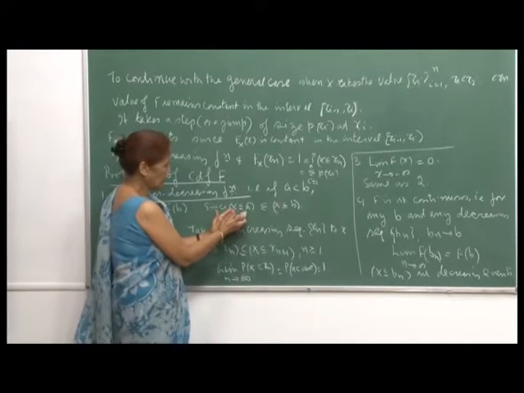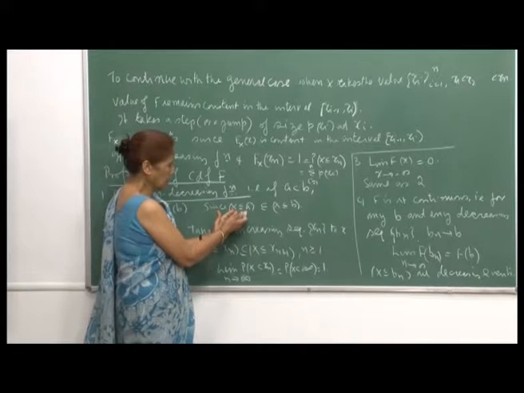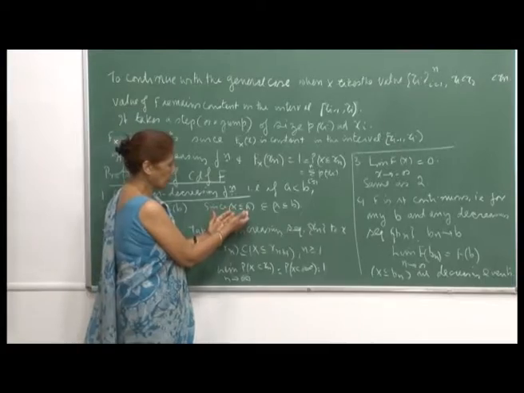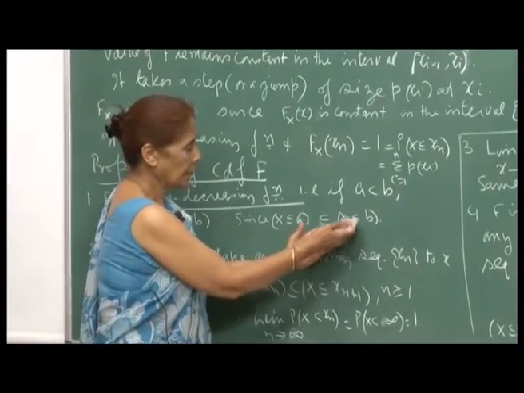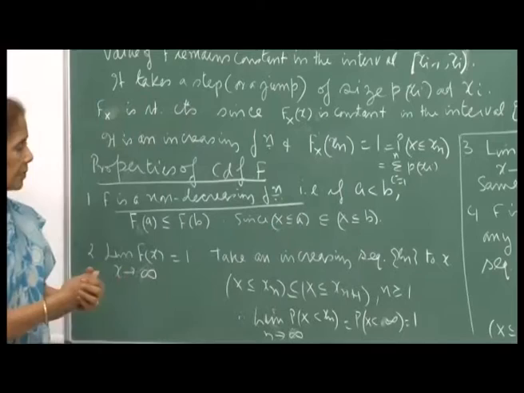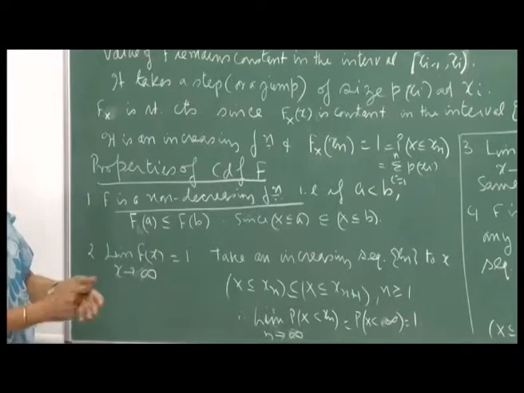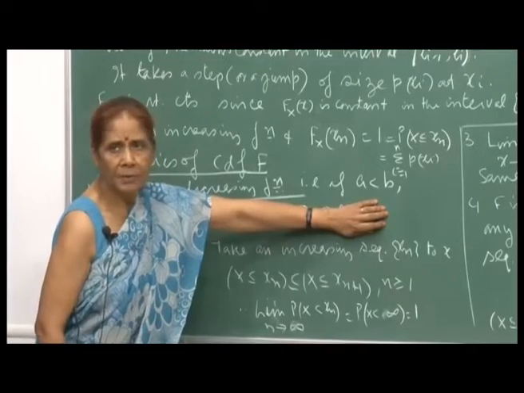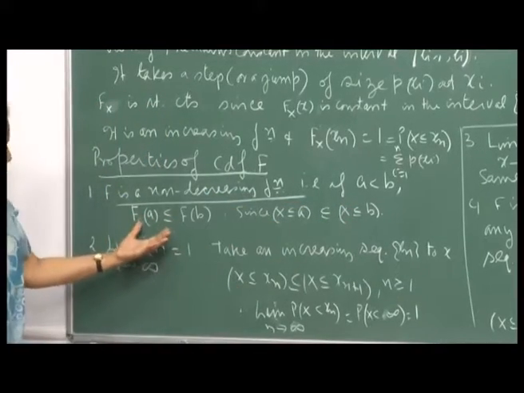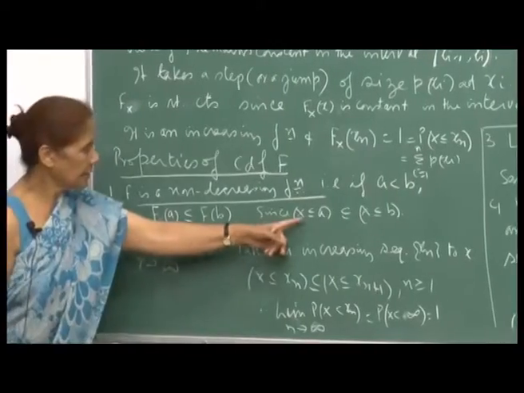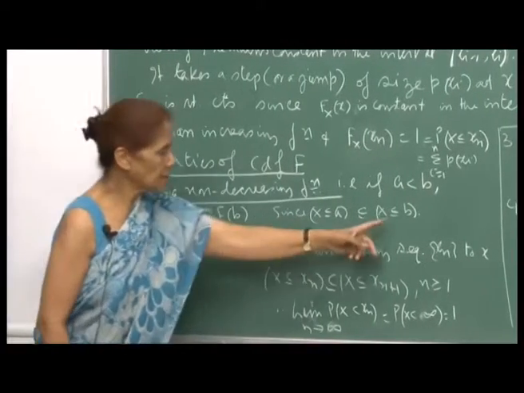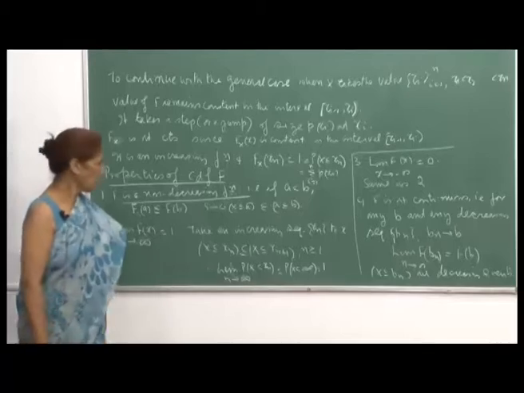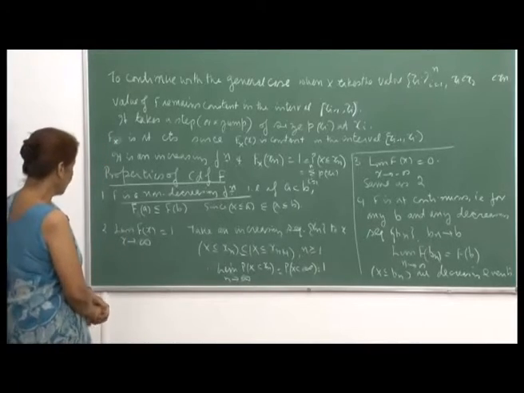All the points of the sample space that give you this event are also in the other event. Therefore, as we have seen from our proposition using the axioms of probability, the probability of this event must be less than or equal to the probability of that event. This represents the probability of this event, and this represents the probability of that event. Therefore, this inequality follows, and the function is a non-decreasing function.